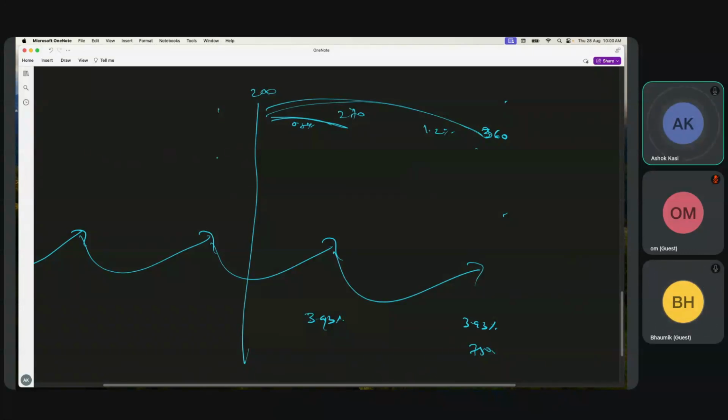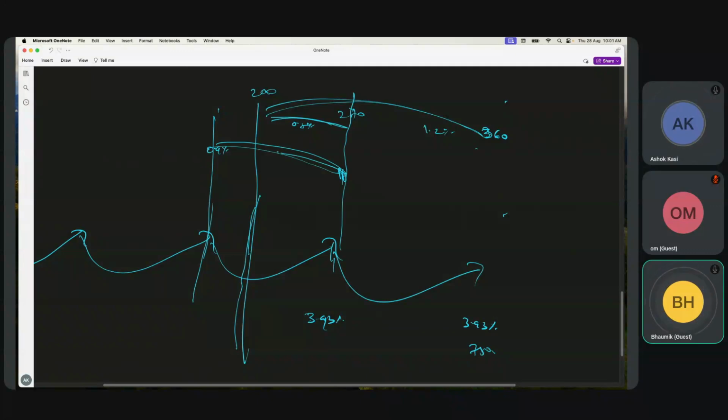That means over here 0.9 percentage. Now when you are here in between, this 0.9 percentage amount only you are going to get over here, on the 270th day.